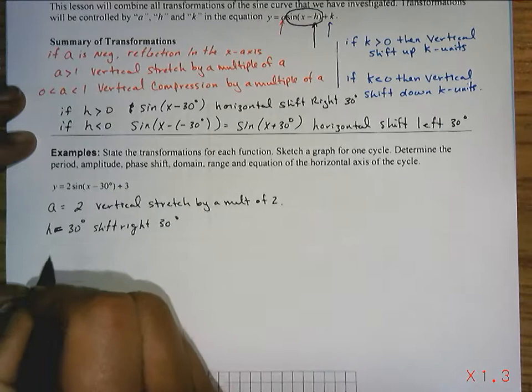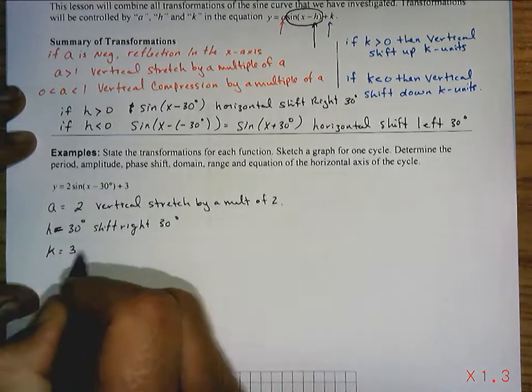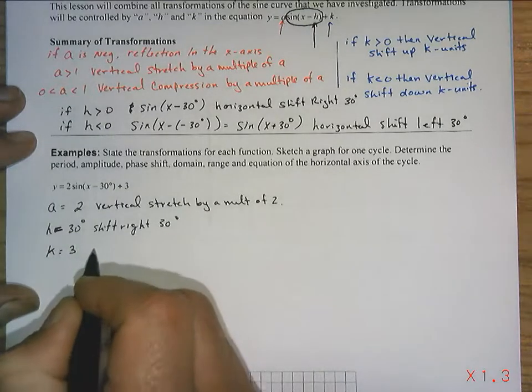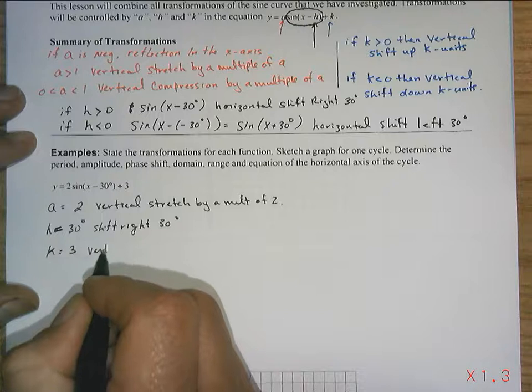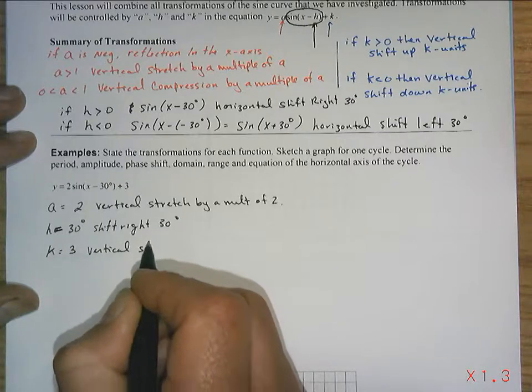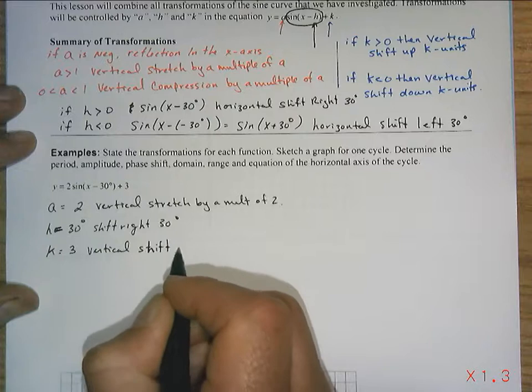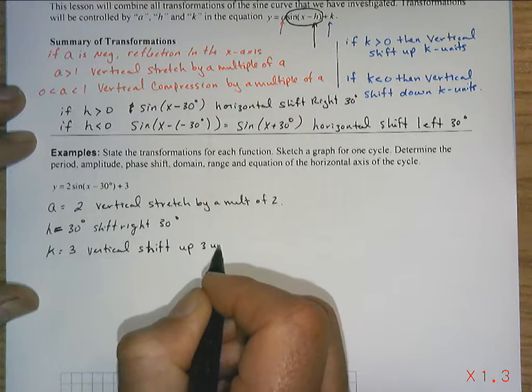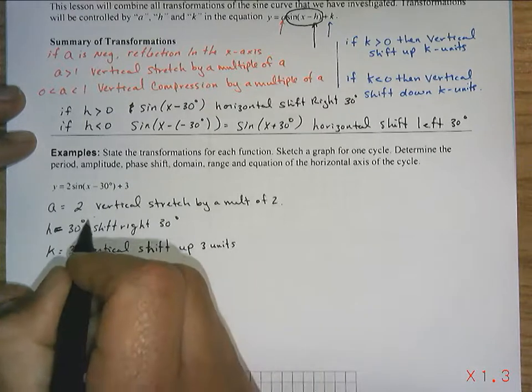And finally, you've got your k equals 3. So that's going to be a vertical shift up 3 units. And I really should put in the word here, horizontal.